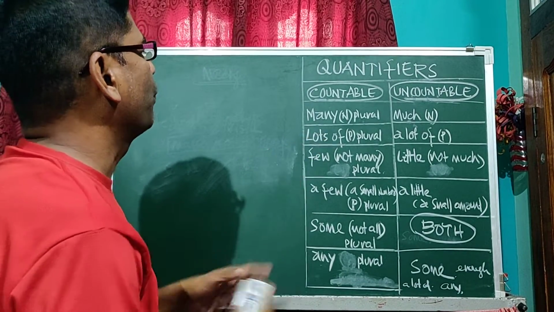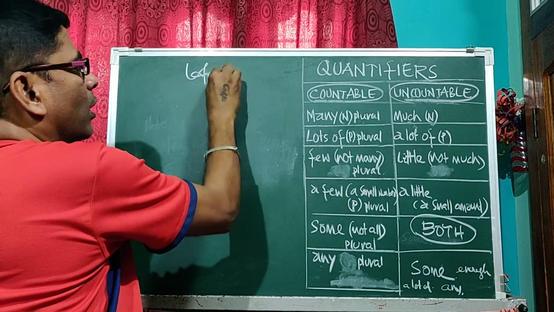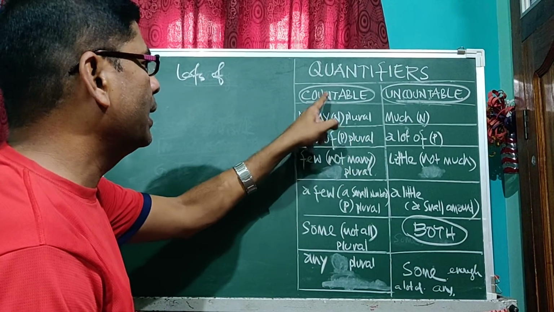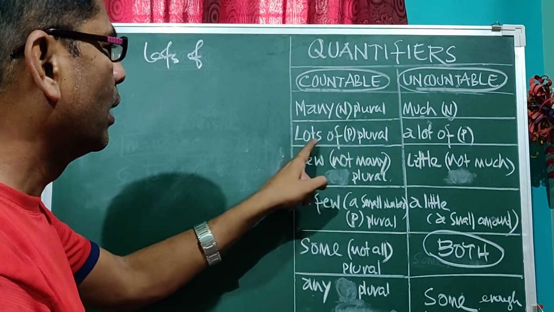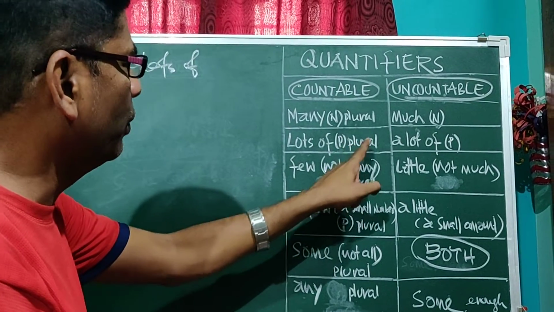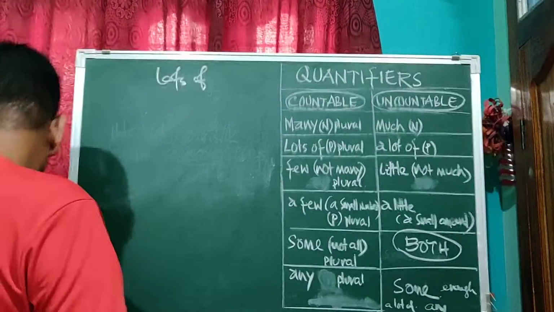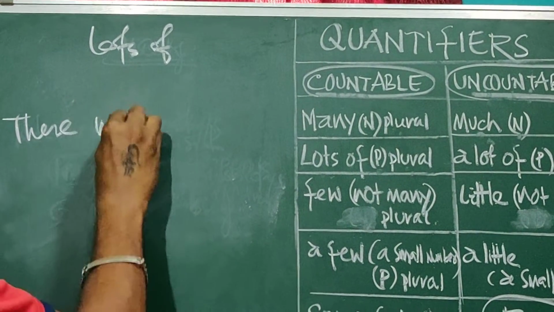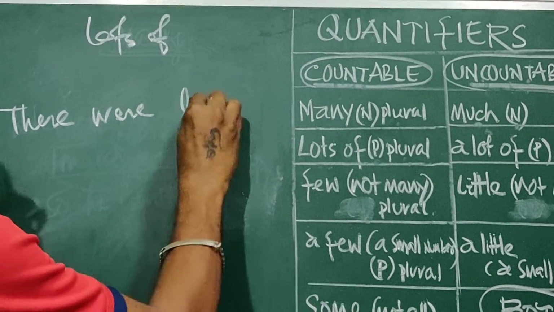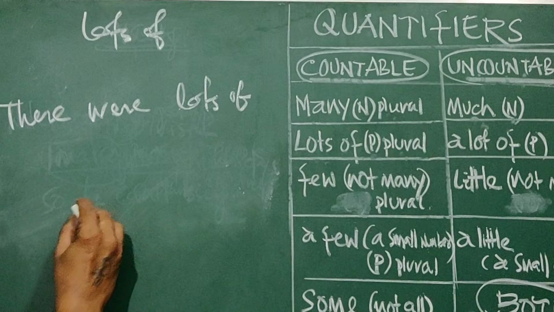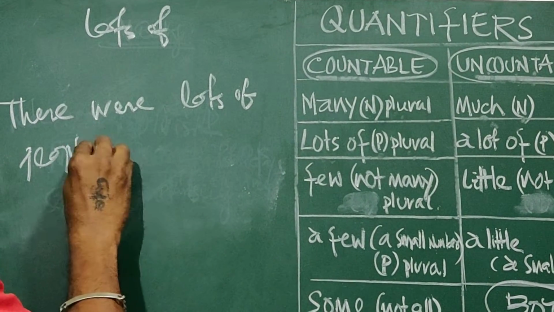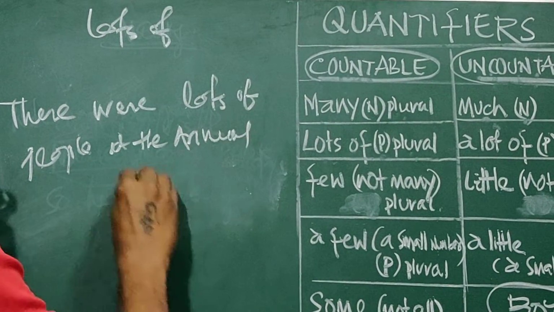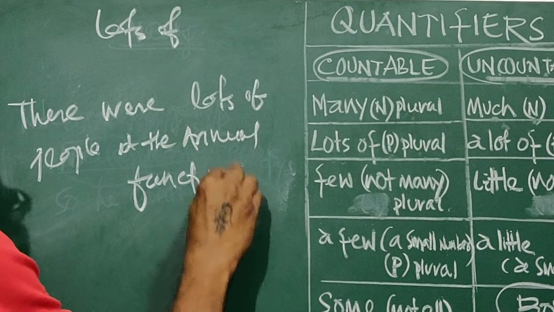Now, lots of. Lots of is used for positive, plural, countable. For example, there were lots of people at the annual function.